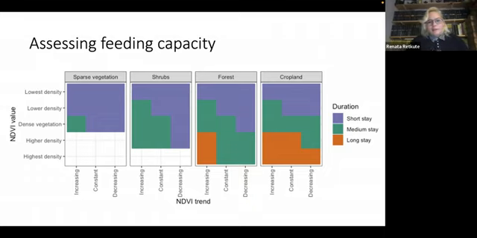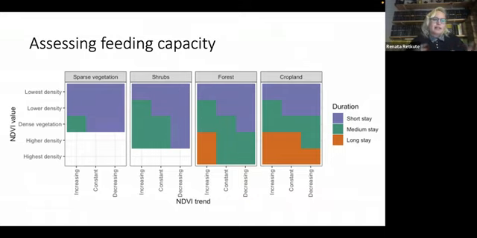Once I know the type of vegetation, I look at the NDVI profiles, which I also smooth using a Whittaker smoother, and determine the trend: whether NDVI is increasing, the same, or decreasing. I also look at actual NDVI values and divide them into classes from lowest to highest density. Depending on these 3 factors, locusts can stay. If they belong to something not in the scheme, they don't stay and just fly the next day. Otherwise, a short stay is 1 to 2 days, a medium stay is 2 to 4 days, and a long stay is 4 to 7 days.